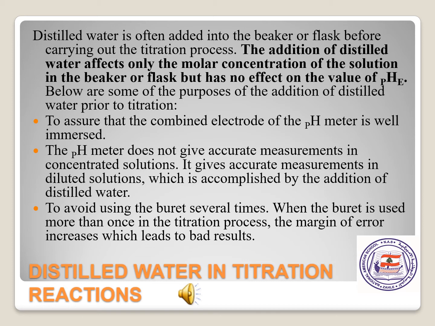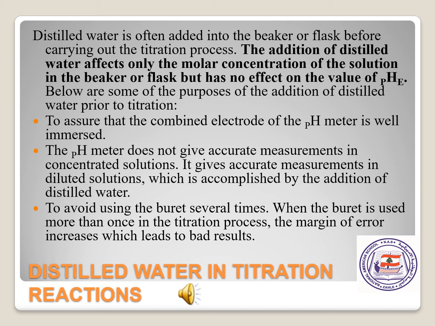This is a very clear point. The addition of distilled water, ladies and gentlemen, will certainly decrease the concentration of the solution in the beaker. Now, like mentioned in this point, the pH meter does not give accurate measurements in concentrated solutions. It only gives accurate measurements when the solutions in the beaker are diluted.